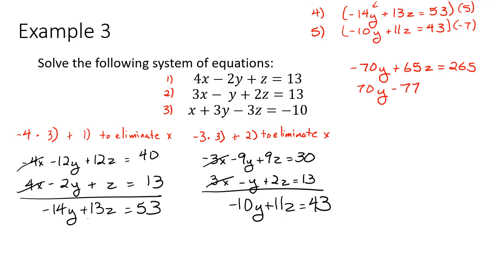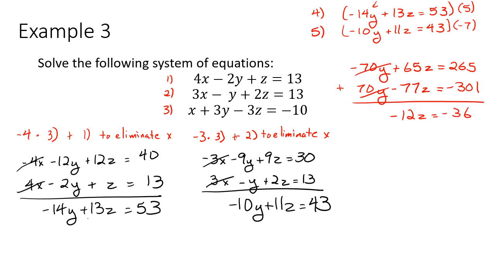Minus 77z, and this is a negative 7 times 43, which would be a minus 301. Now if we add this together, the y's cancel, that's the whole point. If we do a negative 77 plus a 65, that would give us a negative 12z. And if we do 265 minus 301, that would give us a minus 36.